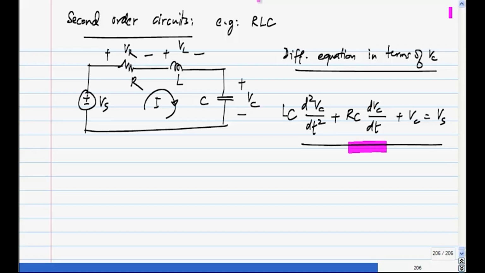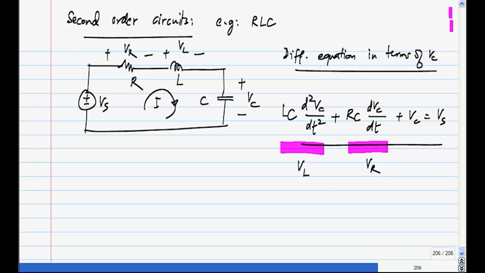C times dVC/dt is the current, and that times R is the voltage across the resistor, and L times the derivative of that is the voltage across the inductor.